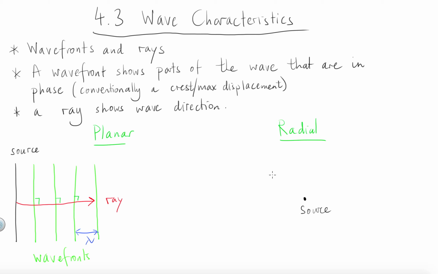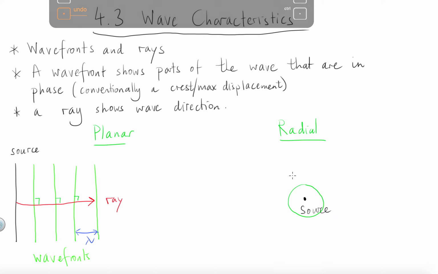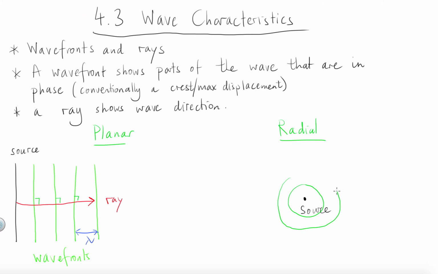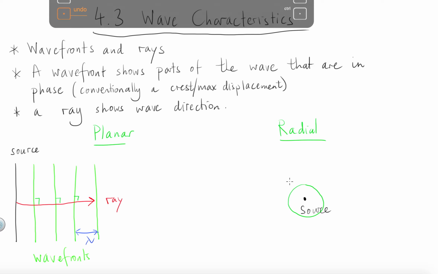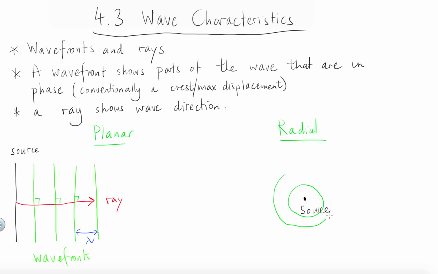However, if we were to have a point source of waves, i.e. if we were to drop a pebble in a pond, it would create radial wavefronts, so they'd move out in concentric circles from the source. Try and draw them properly, which is quite hard, drawing by hand.